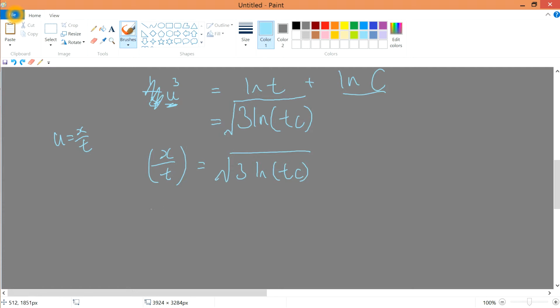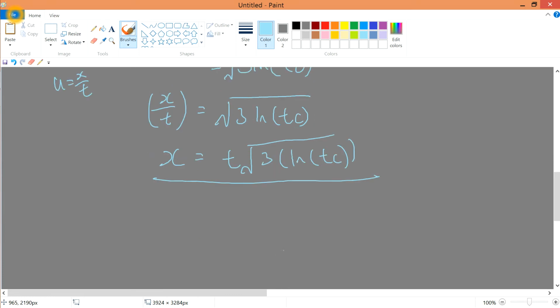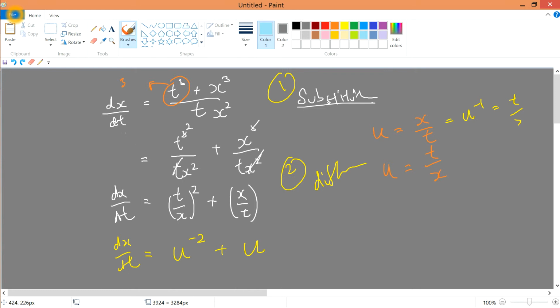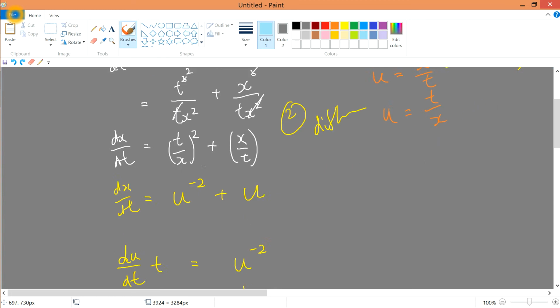And then now I'm going to bring this t out to the side, so I'm writing in terms of x is equal to all the t's on the other side, right? And that's it. This is the answer. So normally for first order differential equations, if this is dx dt, then you're going to write the answer in terms of x is equal to some function of t, right? This is the meaning of it.